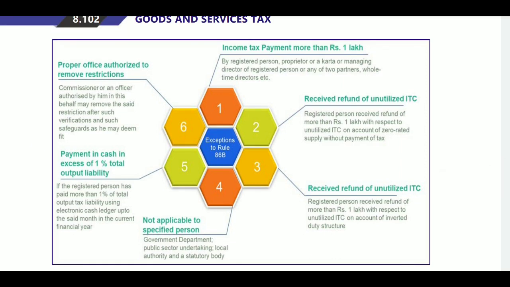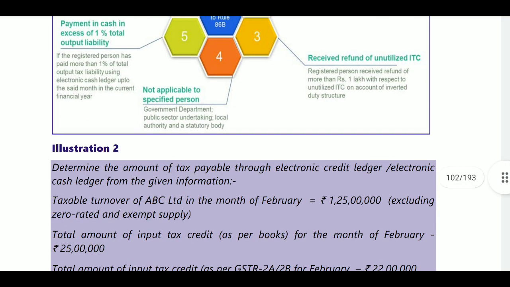And the proper officer is authorized to remove restrictions. The Commissioner or an officer authorized by him in this behalf may remove the said restriction after such verification and such safeguards as he may deem fit. So some persons may be exempted from paying the tax in cash even though they do not have the 1% payment.